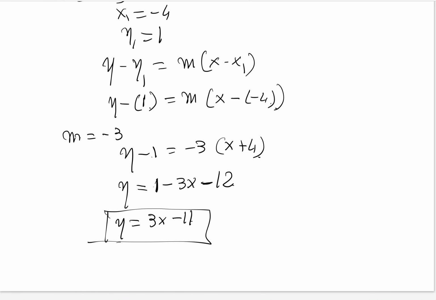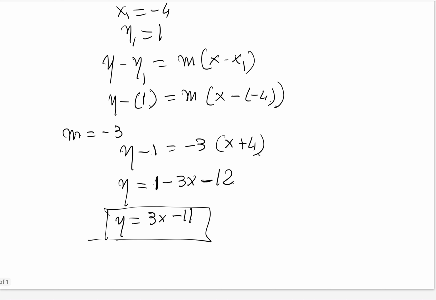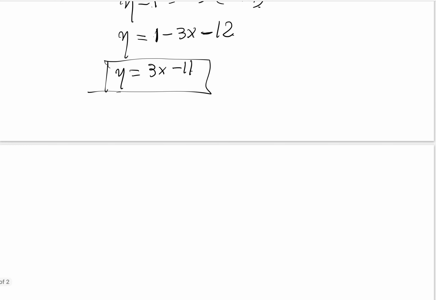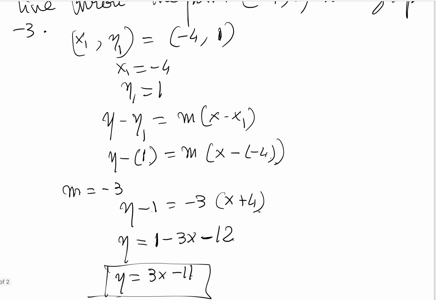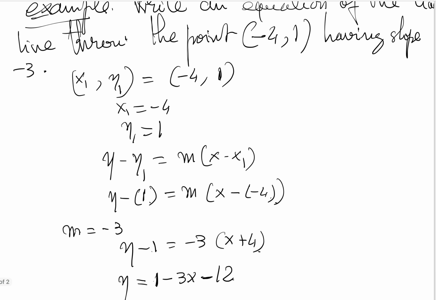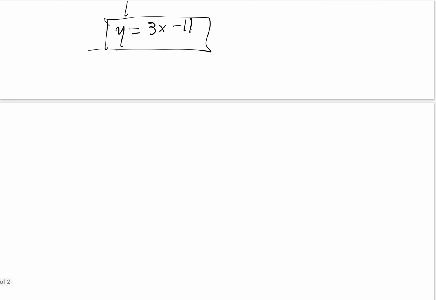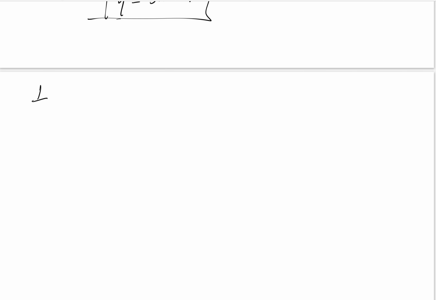The example I'm giving you uses a different tactic, so it's not the same way you have to use. Remember the previous one, they give you a point and the slope, and they ask you to find the equation of the line. The second one is another example.